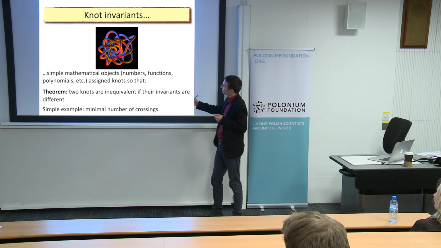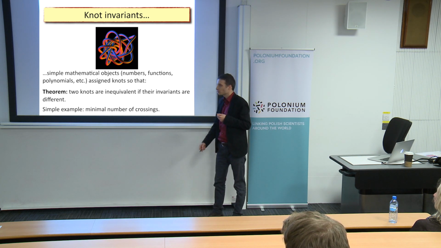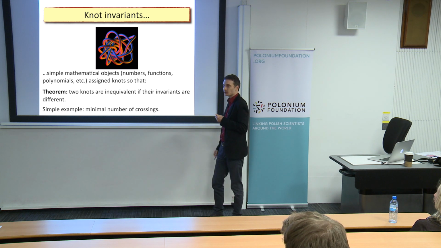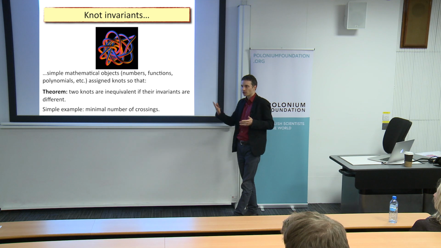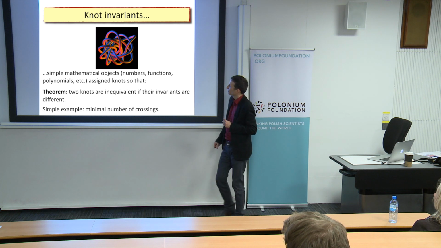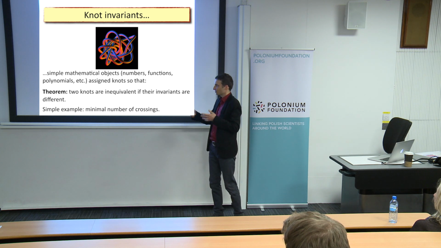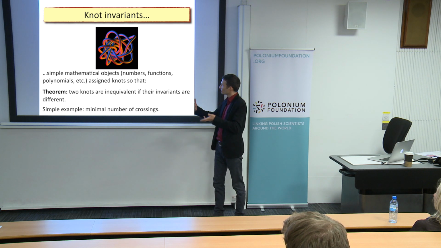And these knot invariants are typically quite easy to compute, or at least you can compute them in an algorithmic way. For example, looking at those two-dimensional diagrams and these different crossings, projections, and so on. So you may need sometimes some computational power, but if you have enough computers, you can compute such invariants, and then you immediately distinguish two knots one from another.